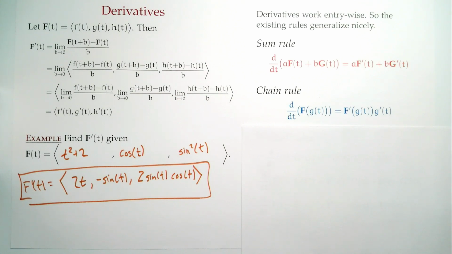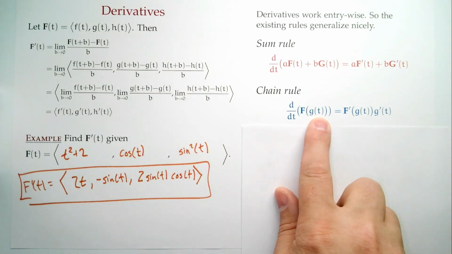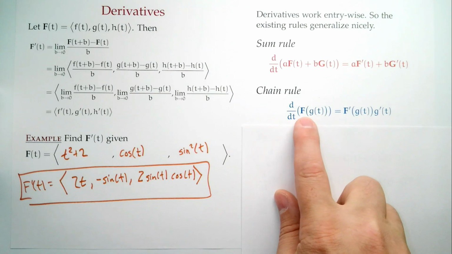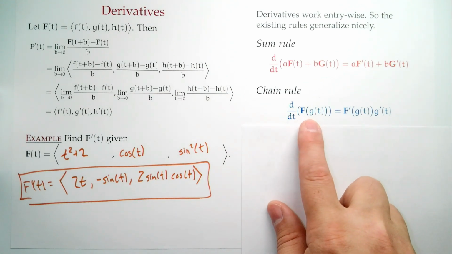But what you can do is you can take a function, we usually call them scalar functions, but that's just a fancy way of saying you put a number in, you get a number out. So g of t is one of those functions where you put a number in, you get a number out. Capital F is a vector valued function. This is a type of composition, in other words, function inside of a function, that makes sense. We can still work with it.